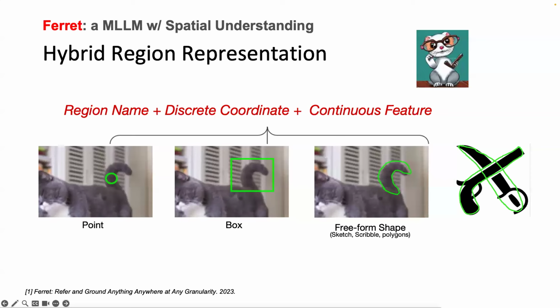Another more severe case is that you have a gun on the left side and also a knife on the right side. If you use the pure bounding box coordinates, these boxes will very likely overlap and be treated as the same. In addition to that, we also introduce the continuous features, where these features will be more aligned to the thing that people are referring to.